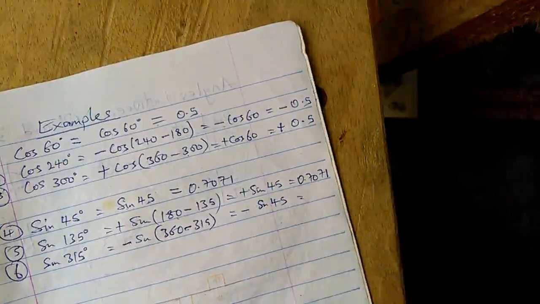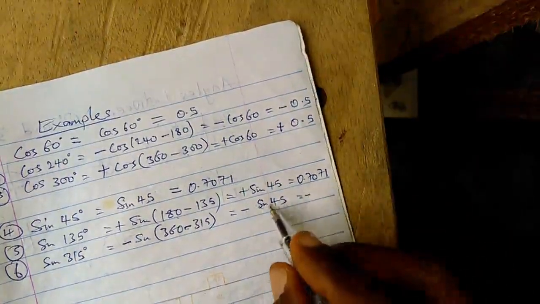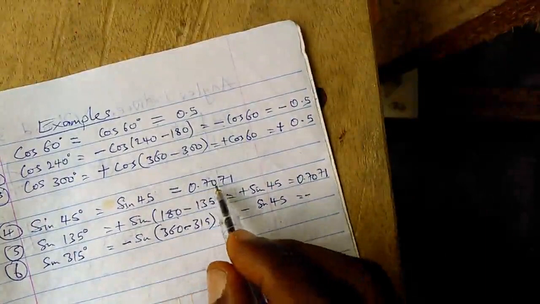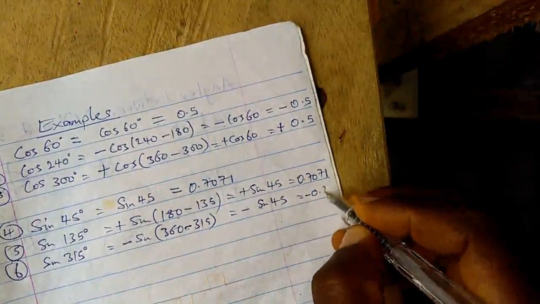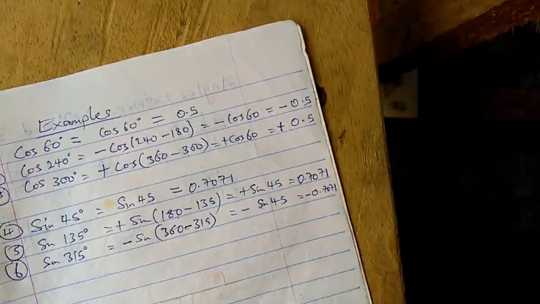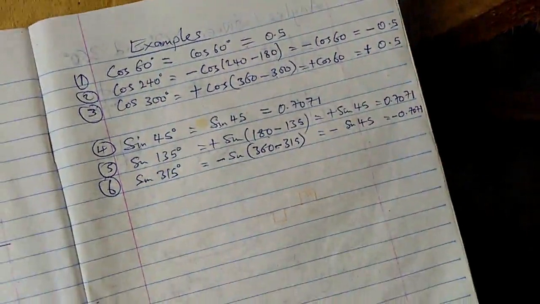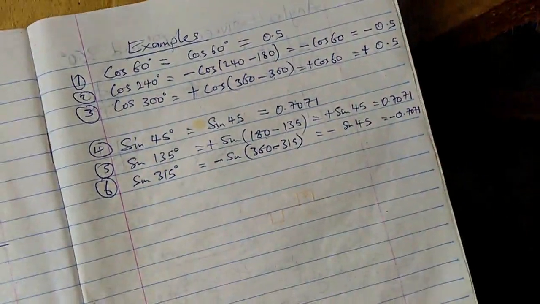So what you have there is minus sine 45, which is 0.7071. So that is the answer. You can go on and on like that.